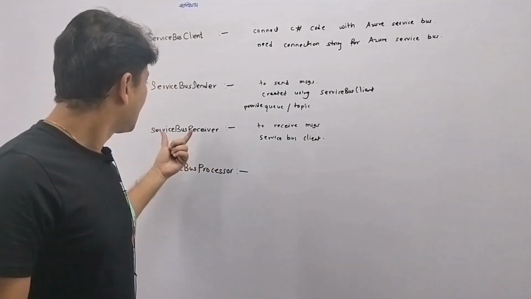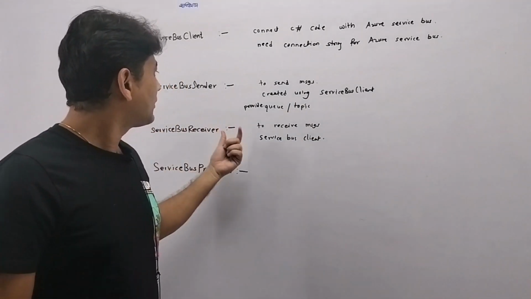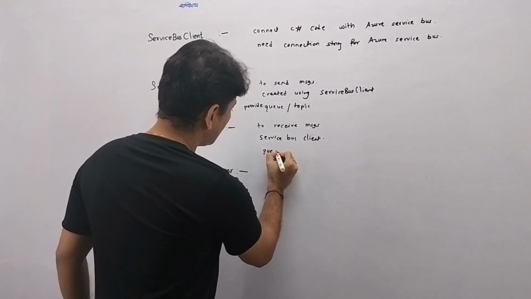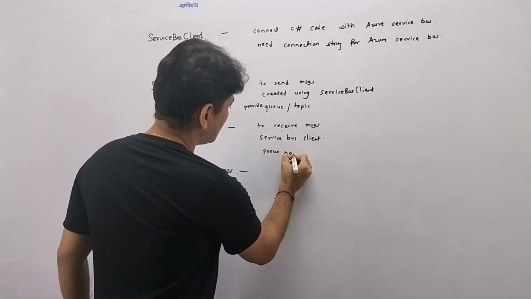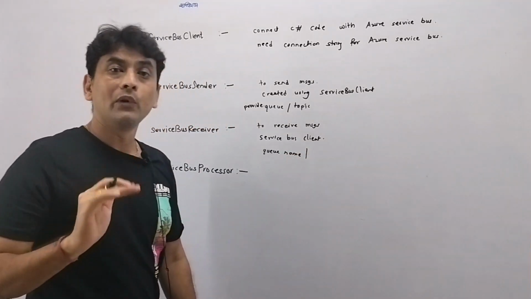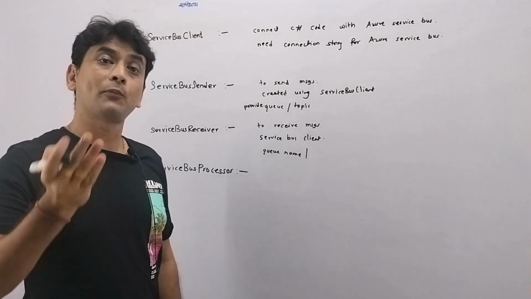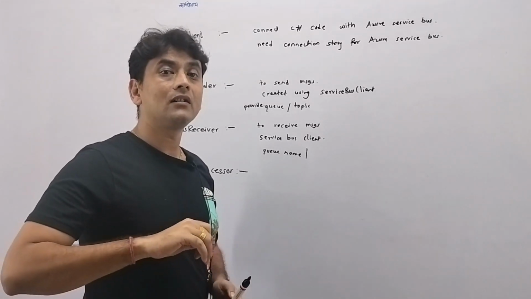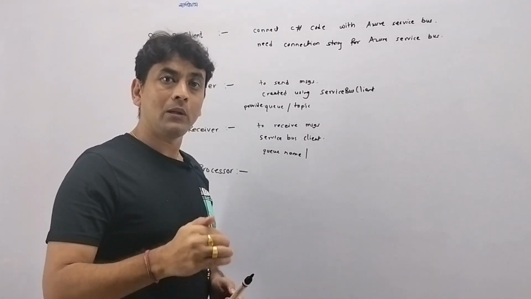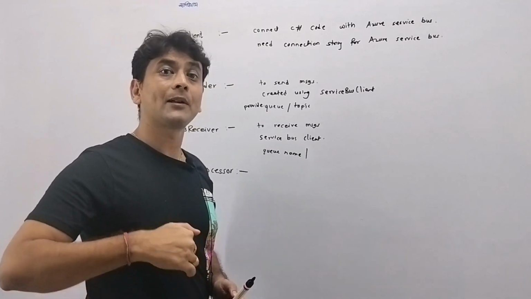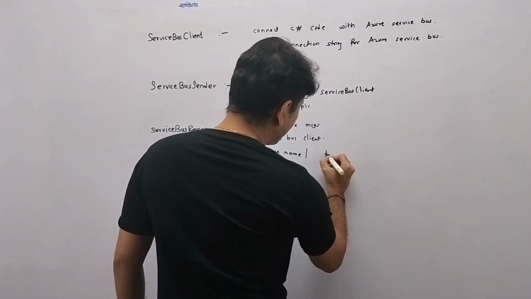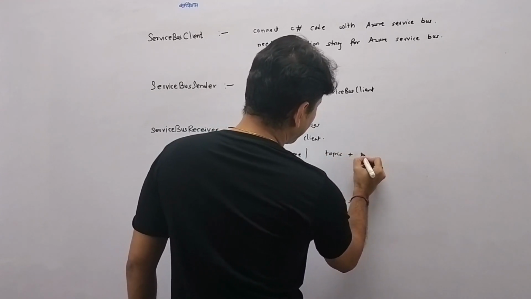So when we are creating a receiver for a queue, we'll simply provide the queue name. But when we are trying to receive a message from the topic, in that case we'll provide the topic name as well, and in addition the subscription within that topic. So it's topic plus subscription.